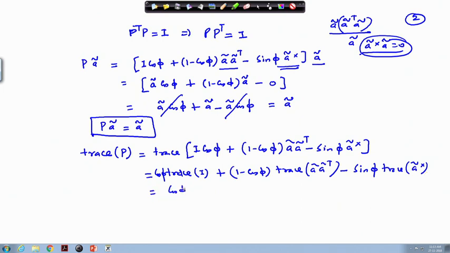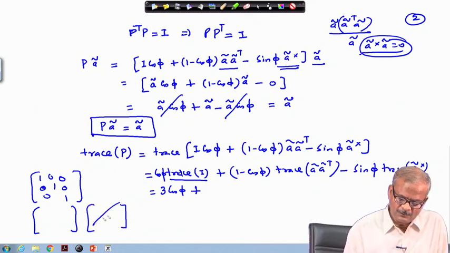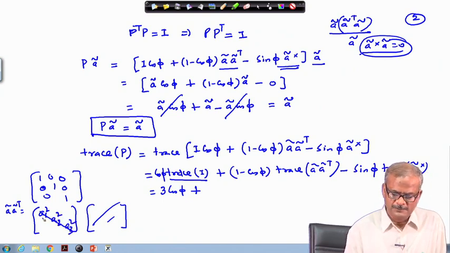So this is cos phi, and trace I, where I is the identity matrix, is the sum of the diagonal elements, which is 3. So we put 3 here. And then the trace of A tilde times A tilde transpose: this will turn out to be a symmetric matrix whose diagonal terms will be A1 square, A2 square and A3 square.